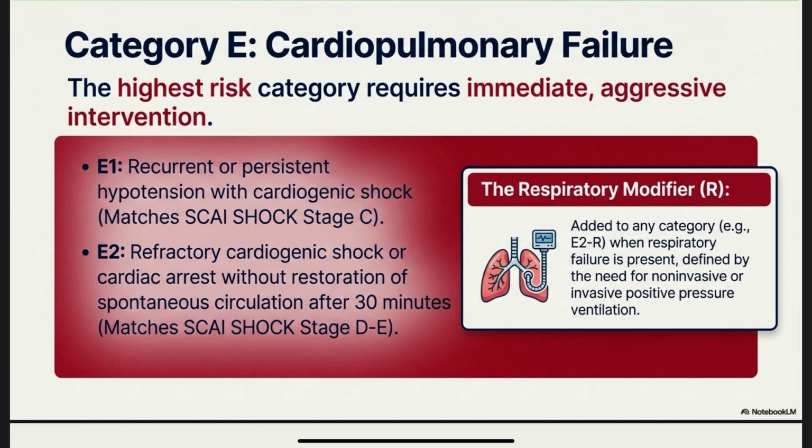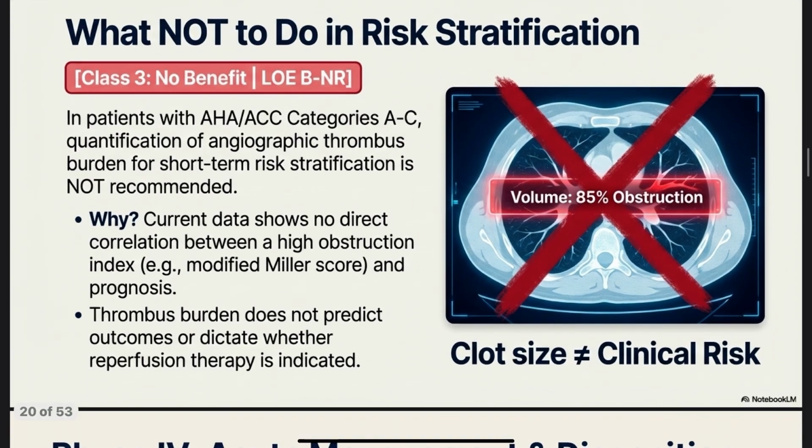As I told, E1 is going to be a recurrent or persistent hypotension with cardiogenic shock, and E2 is going to be a refractory cardiogenic shock, cardiac arrest without restoration of spontaneous circulation even after 30 minutes. So these people will need non-invasive or invasive ventilation because they will have impending respiratory failure.